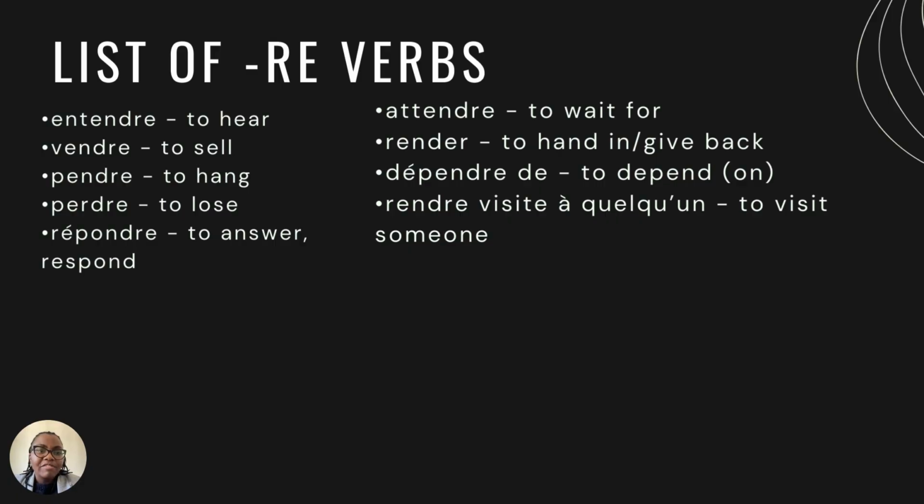We have entendre, to hear; vendre, to sell; pendre, to hang; perdre, to lose; répondre, to answer or to respond; attendre, to wait for; rendre, to hand in or to give back; then dépendre de, to depend on.